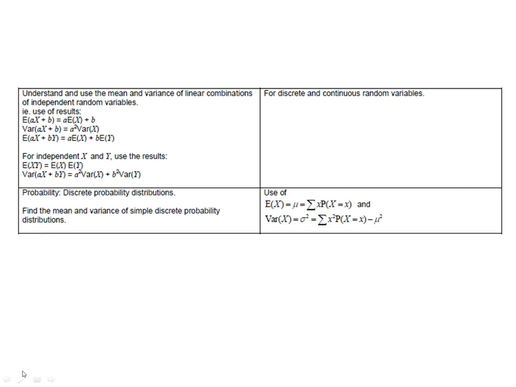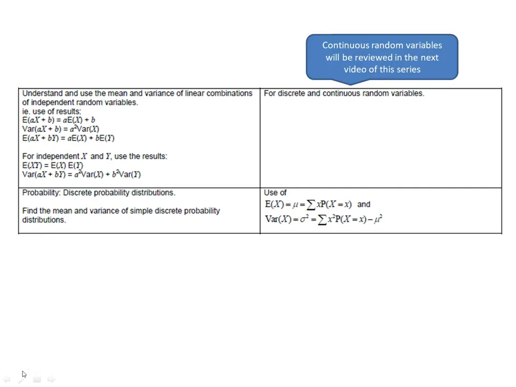We are expected to be able to use the idea of mean and variance of combinations of independent random variables. We are expected to be familiar with the calculation of the expected value and variance for discrete random variables.